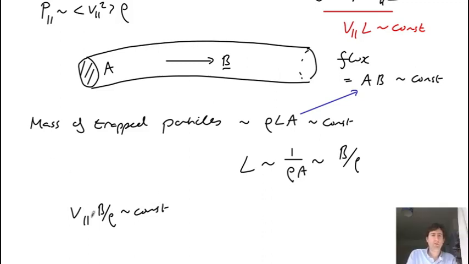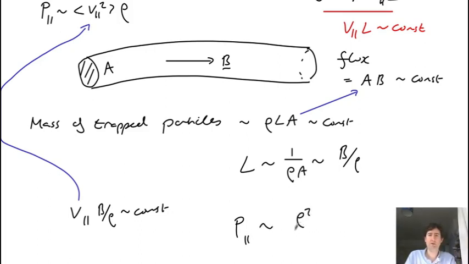And now we can combine this expression for V parallel into this expression for P parallel. So we take this and put it into here, and what we end up with is that P parallel is roughly V parallel squared. So this is like a constant times rho squared over B squared times this rho here, and so this is times some constants.